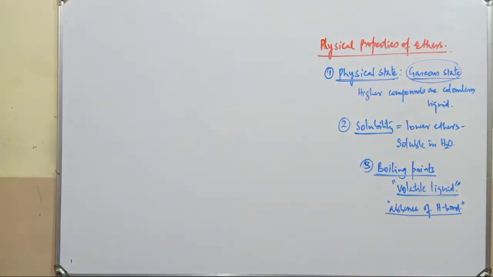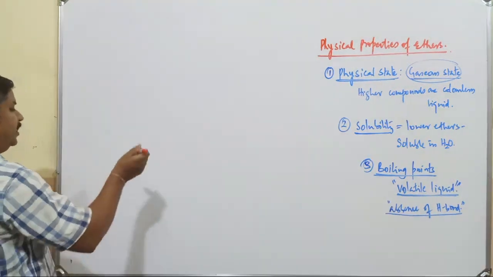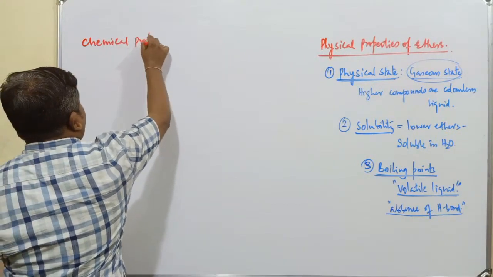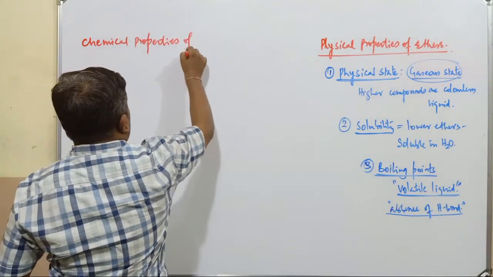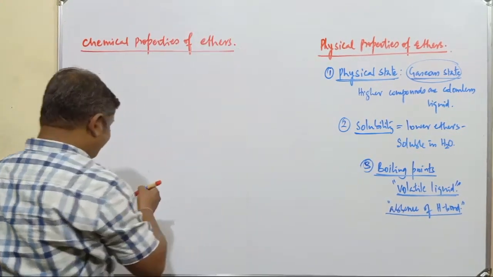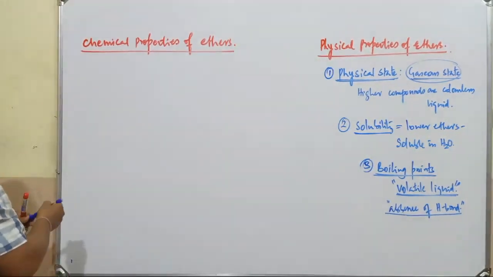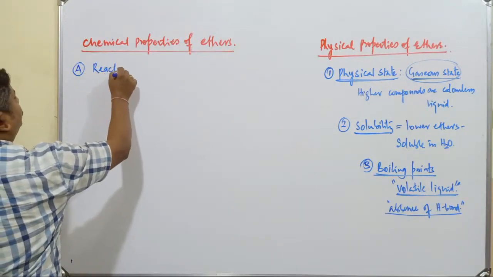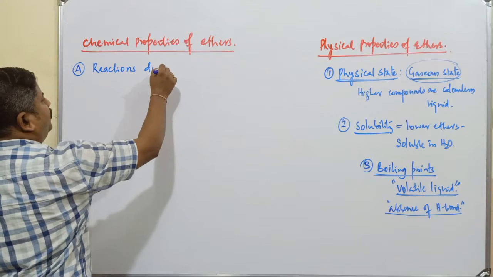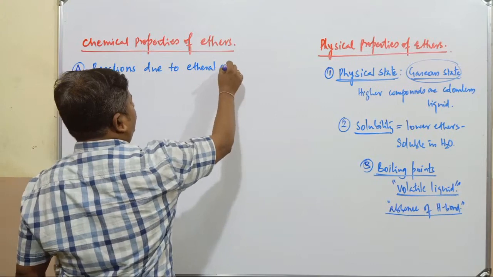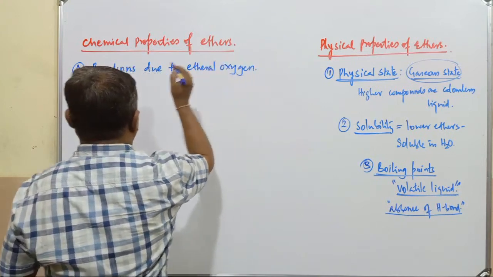The reactions of ethers are because of different cases. Chemical properties of ethers, right. The first one, A, is reactions due to ethereal oxygen.